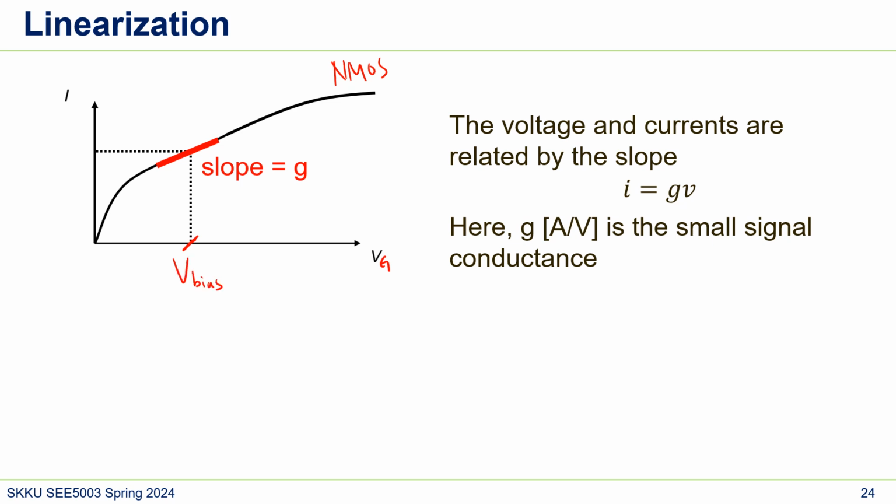The way we linearize the circuit is that this NMOS just uses the slope here, and we calculate this slope, and we say it's G. So what we get is I equals G times VG, where G's unit is amps over volts, and this is what we call the small signal conductance. So this is how we usually do it. Just use the slope.